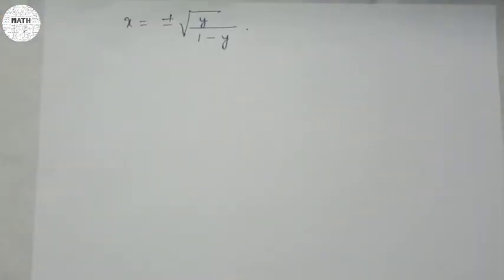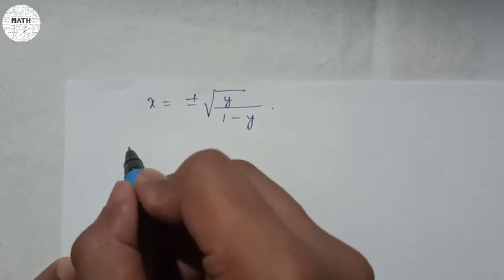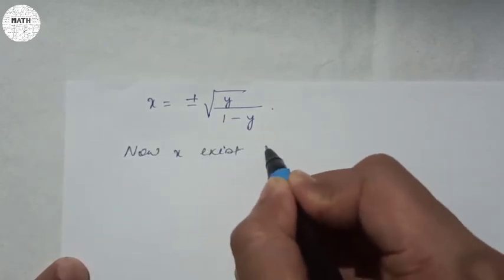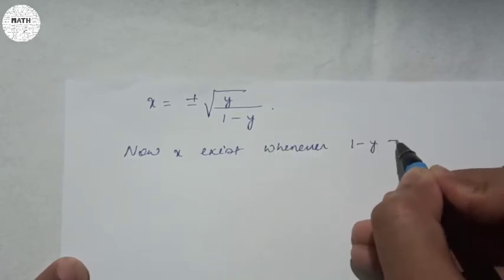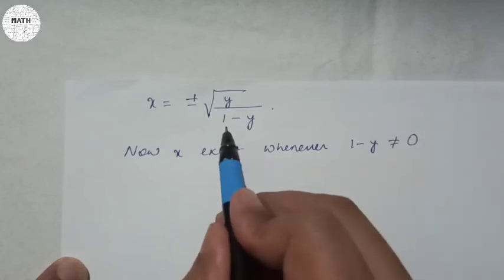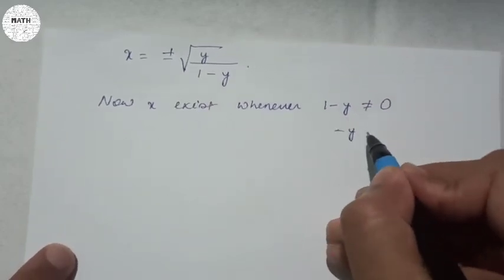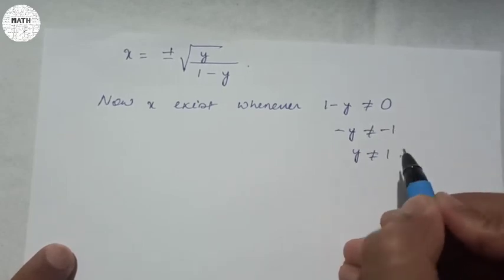Alright, then I can say that now x exists whenever 1 minus y is not equal to 0, because if this one happens to be 0, then the answer will be undefined. So that will be minus y not equal to minus 1, so y not equal to 1.